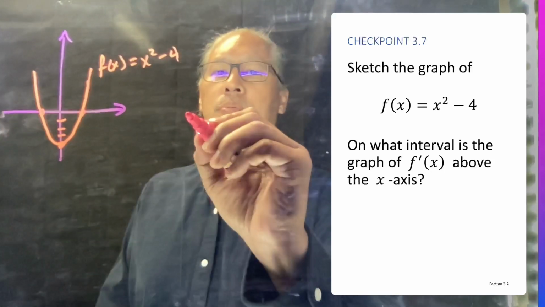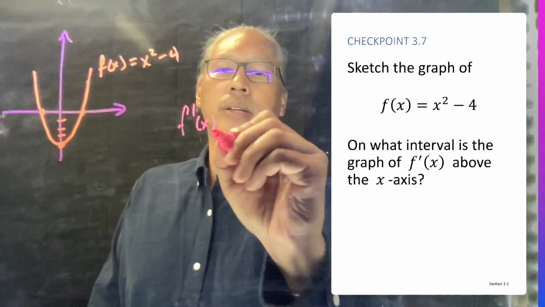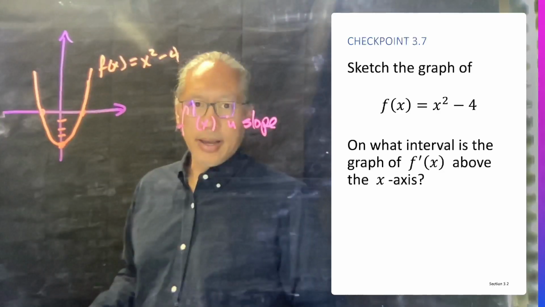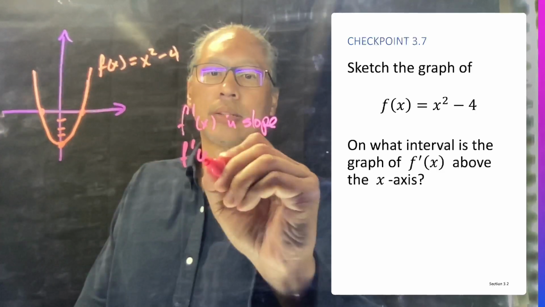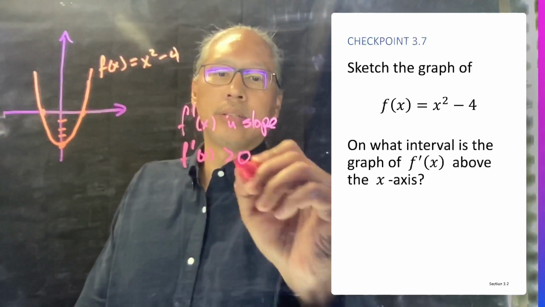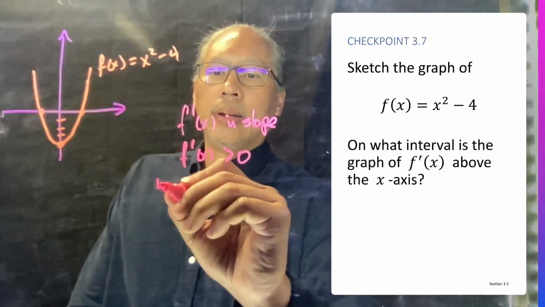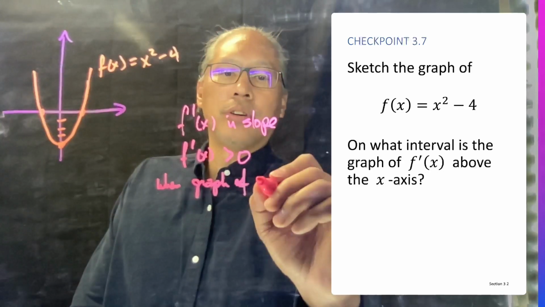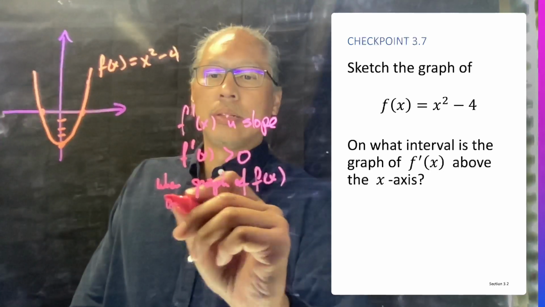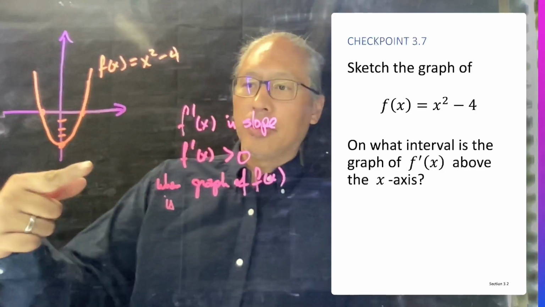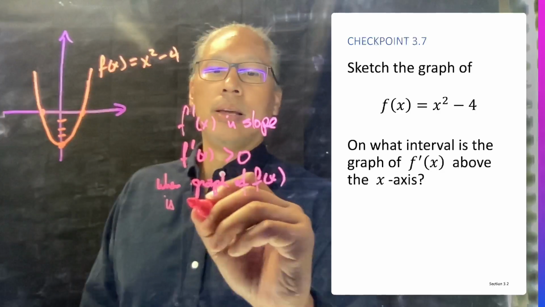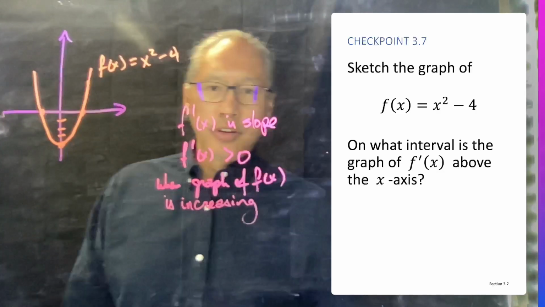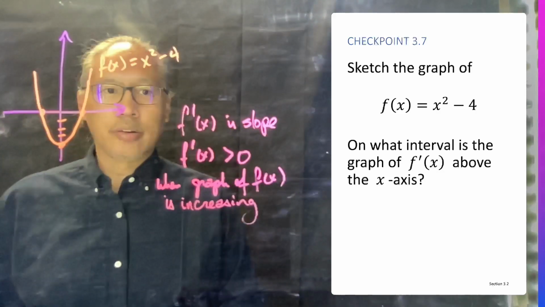So remember that f prime of x is the slope of the graph, and f prime of x is above the x-axis, I'll just say bigger than 0, when the graph of the original function f of x is, well, the graph has to be from left to right going in a positive direction, is increasing. So we can figure out where it's increasing and then be able to draw the graph that way.